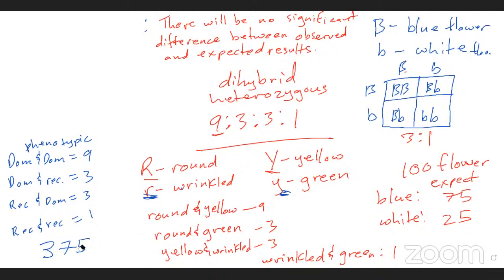Now my question: if you've got 375 pea plants, how many do you expect to be round and yellow? What would we do? Tell me the calculation you do.